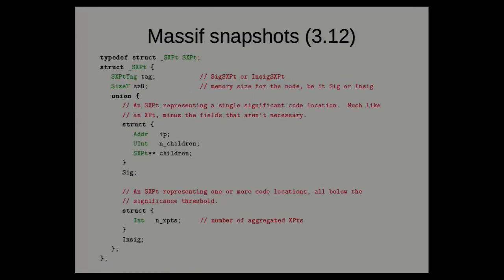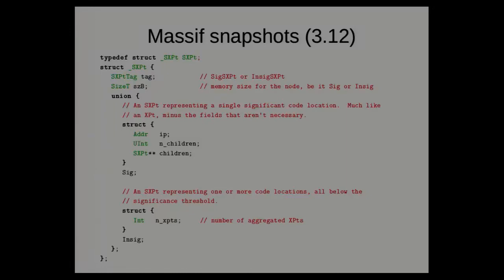So the non-significant stack traces are aggregated in 3.12. And so we have, in fact, when we take a snapshot, a parallel data structure which is used to store the snapshot. So we had the execution point, and here we have the snapshot execution point, which basically has things that we recognize. We have the number of children and a pointer to an array of pointers to children. Here we don't need the max number of children anymore because this is a snapshot and it will not change anymore, so we don't need to oversize this to avoid permanent reallocation like in the real original tree.